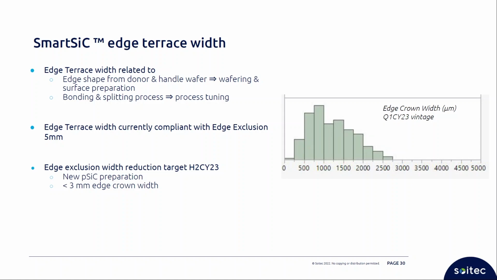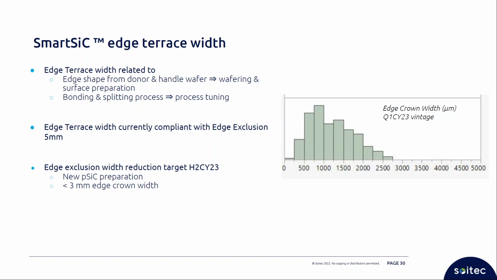And what is the width of the edge trace? The width of the edge trace is related to the edge shape of the donor wafers and of the handle wafers. So it's related to the wafering of each wafer. It's also related to the bonding and the splitting process. So we need to consider both the substrate specification and the process specification. Today at Soitec, we guarantee 5 millimeters of edge width.